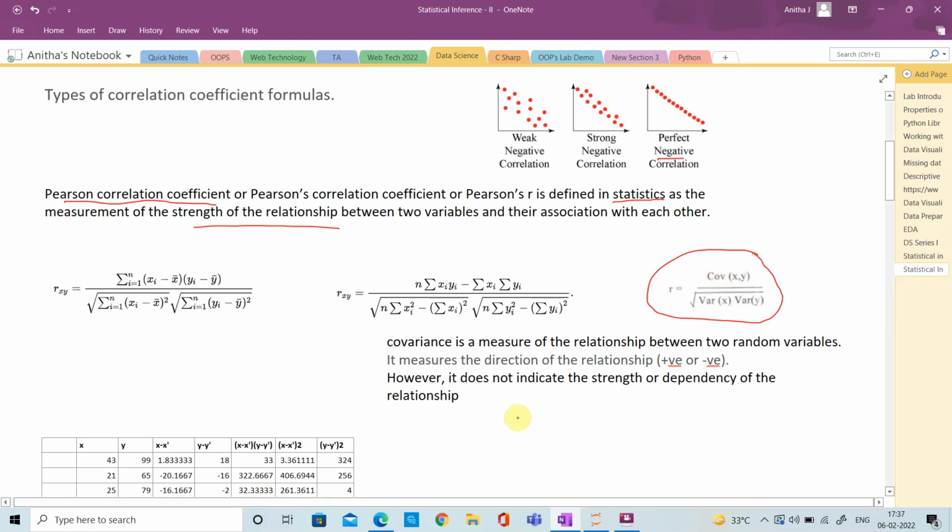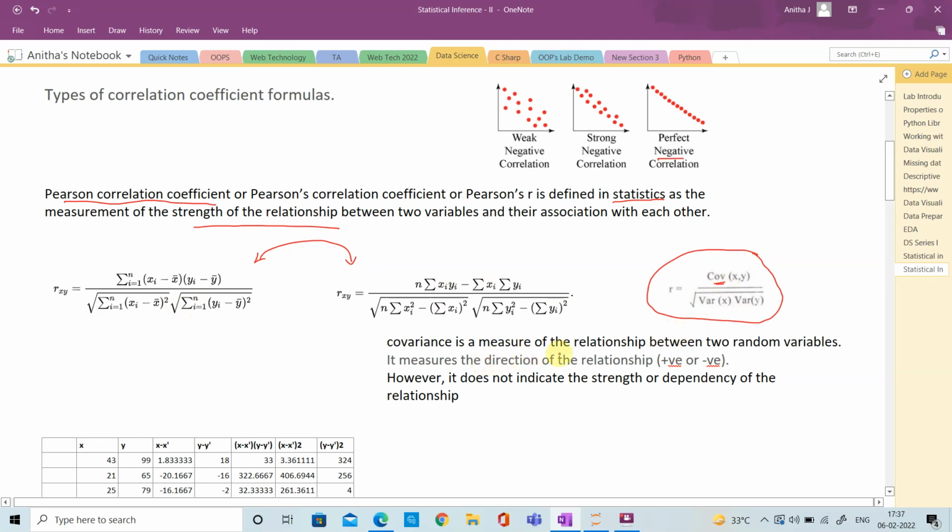The Pearson coefficient is calculated based on covariance and the standard deviation. On websites you may see formulas with different variations, because when you apply the covariance formula you get two different representations. This yields the same value and this also yields the same value. But basically the Pearson correlation coefficient is calculated based on the covariance.